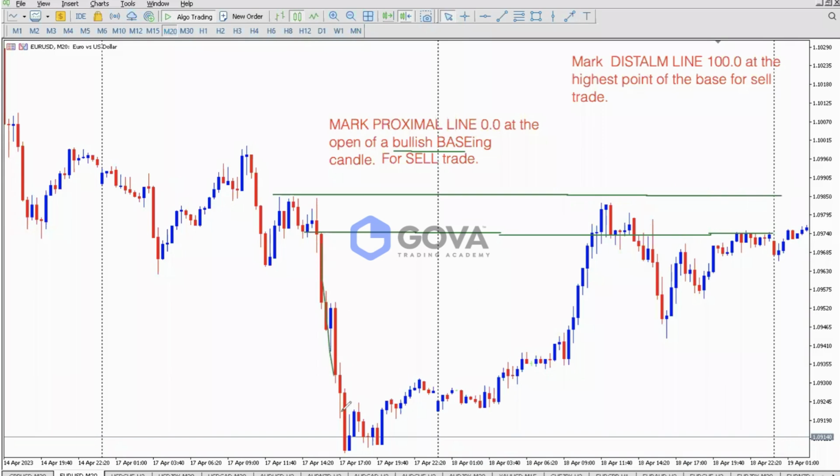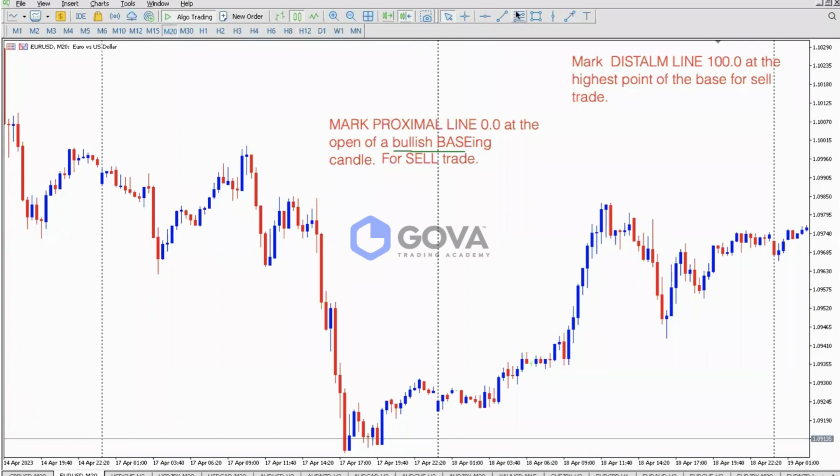You can see how price came back to the zone and then dropped down. So that is how to mark the proximal line and distal line for a sell trade formation, okay? Whenever you want to mark it using the Fibonacci retracement tool, click on it and bring it to your chart.